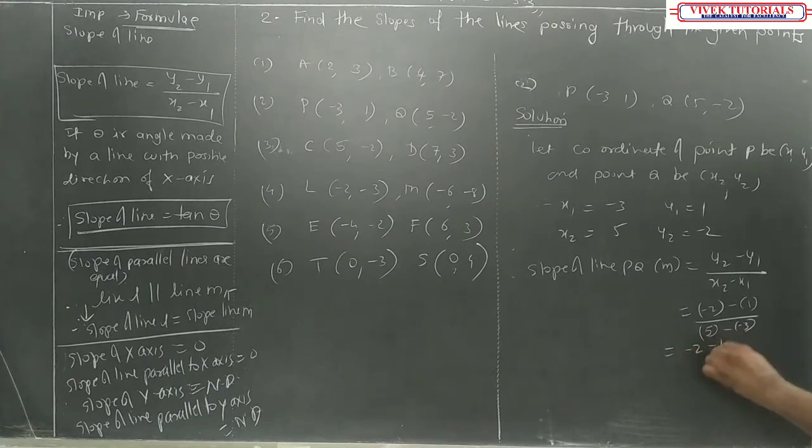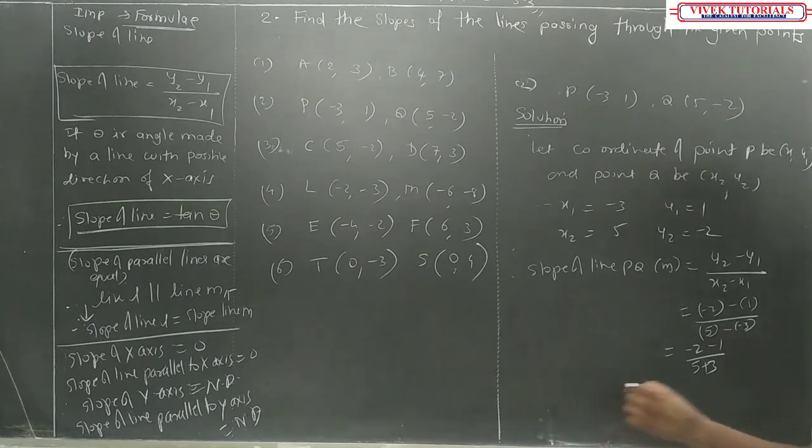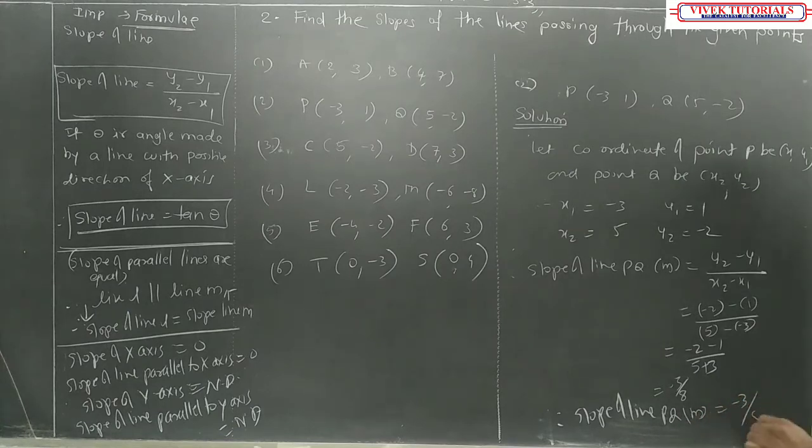So (-2 minus 1) upon (5 plus 3). Your answer is coming, that is -3 upon 8. Therefore, the slope of line PQ is equal to -3 upon 8. This is your final answer. Copy it down properly.